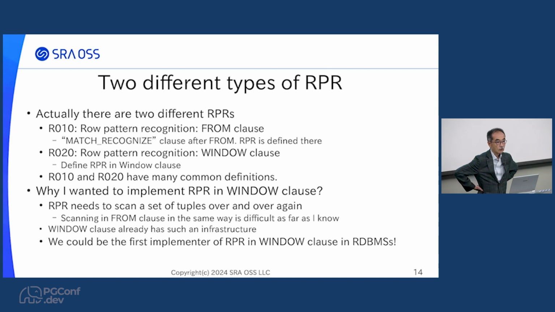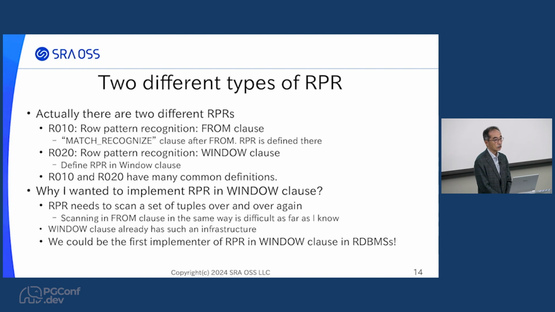Then you might ask why I wanted to implement RPR in the window clause first. Because RPR needs to scan a set of tuples over and over again for backtracking. If we want to do it in the from clause, it is very difficult because there is no infrastructure to implement this for now.